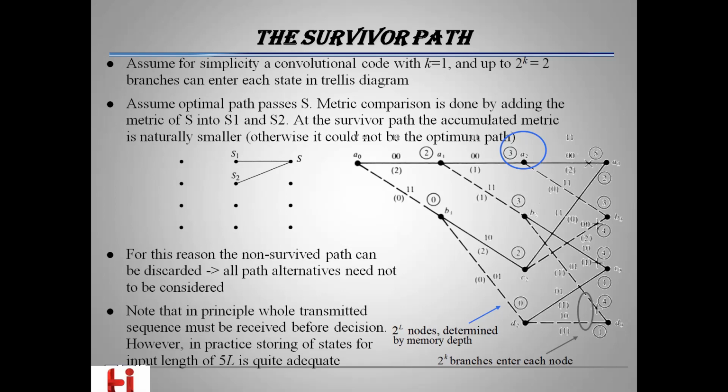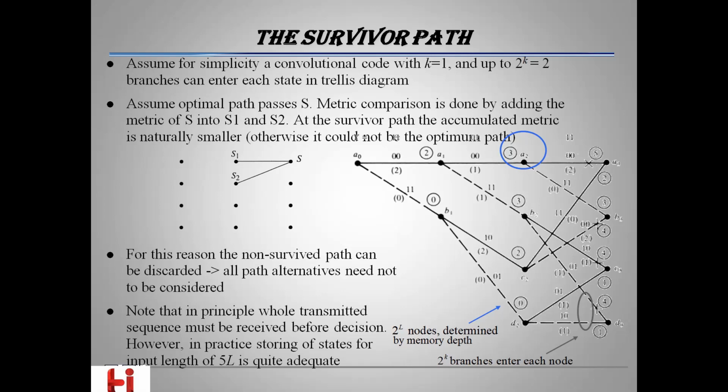So if I ask you a question, what is the minimum distance path in going from A0 to A1 to A2 to A3, or to B3, C3 and D3? If after arriving at node, say A2, I know that the best path was from A0 to A1 and then directly to A2, and any other path was not feasible in terms of the length, then we can discard all those paths.